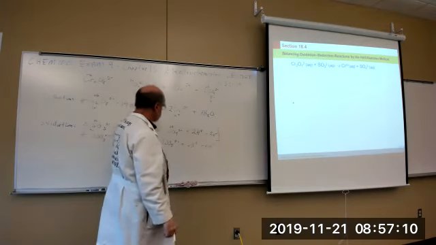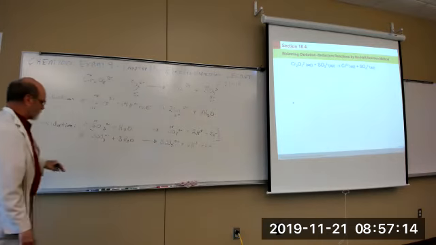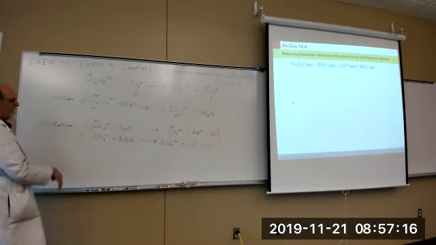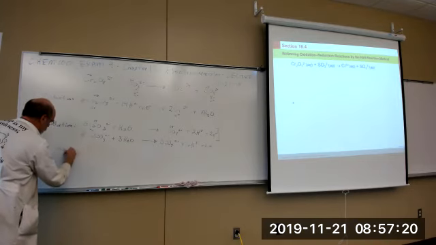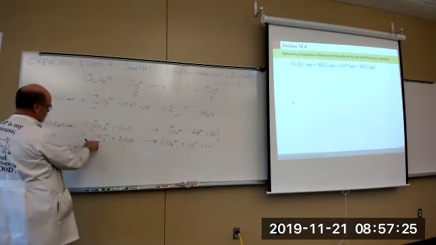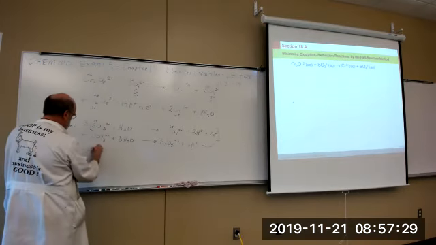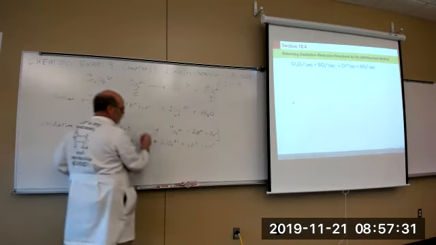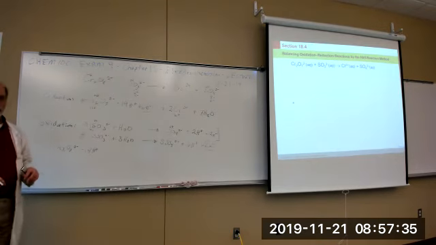We added 6 in here, lost 6 there. Now you just bring everything down. So we have dichromate, one of those. We have 14 hydrogens. The electrons are already canceled, right? So we don't have to bring those down.